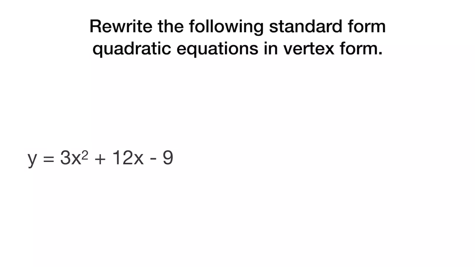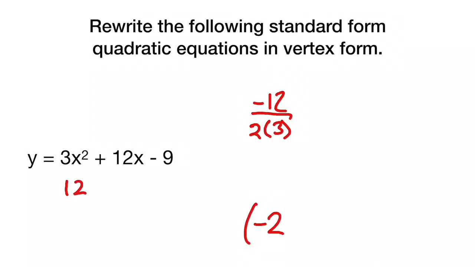One final equation. In this case, I need to find, remember, it's negative b divided by 2 times a. So 2 times 3 is 6. Negative 12 divided by 6 is negative 2. So now let's do this. Negative 2 squared is 4. 3 times 4 is 12.